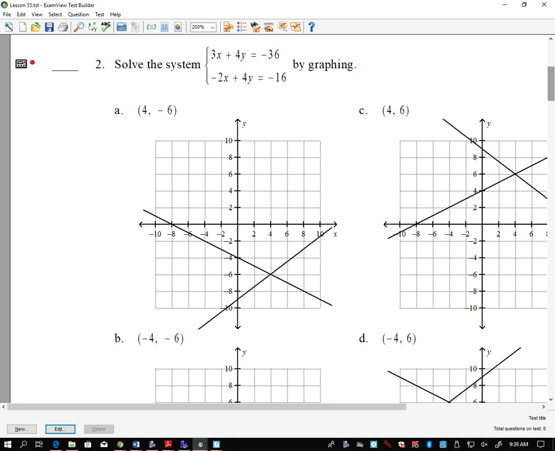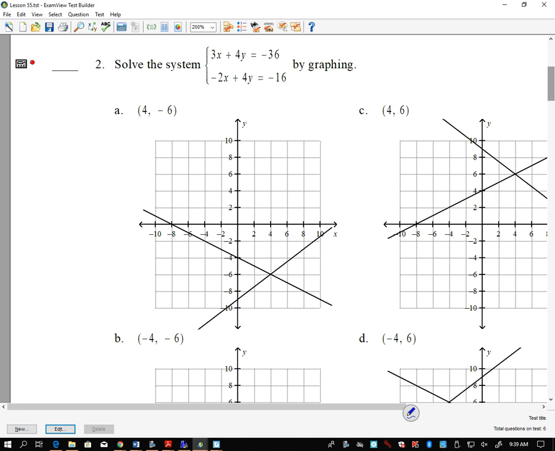All right, so we want to solve for y. We have 3x plus 4y equals negative 36. Caden, how would you begin to solve for y? What's the first step you would do? Perfect, get y by itself. So we need to get rid of that 3x and that 4. What do you want to move first?